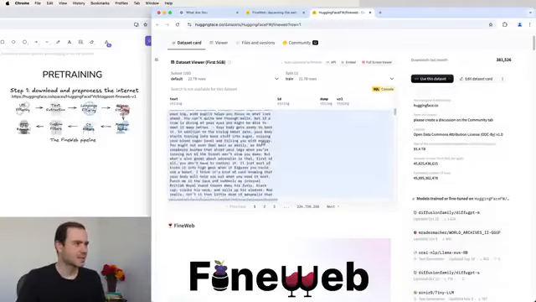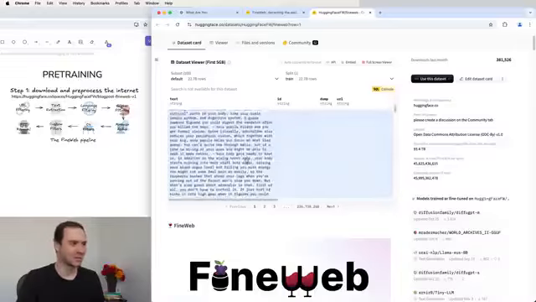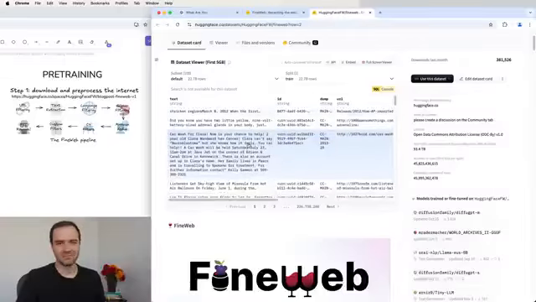This next one is something about, did you know you have two little yellow 9-volt battery-sized adrenal glands in your body? Okay, so this is some kind of an odd medical article. So just think of these as basically web pages on the internet filtered just for the text in various ways. And now we have a ton of text, 40 terabytes of it. And that now is the starting point for the next step of this stage.